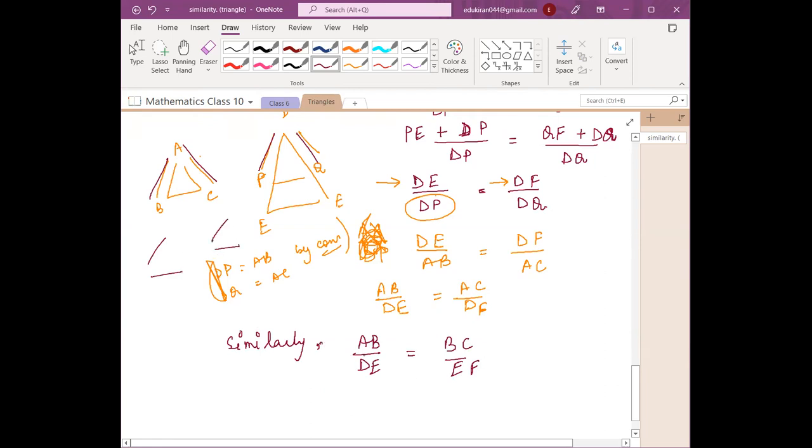So now if we compare the three results, we will get AB upon DE is equal to BC upon EF is equal to AC upon DF. So the sides are now in proportion. So we have proved that if all the angles are equal, then the sides are going to be in proportion. From now on, we will use it as a theorem.